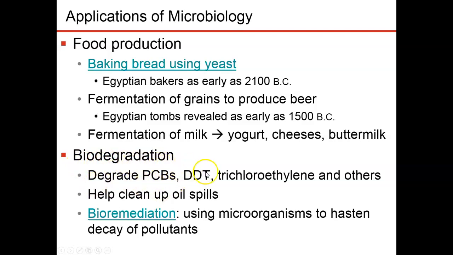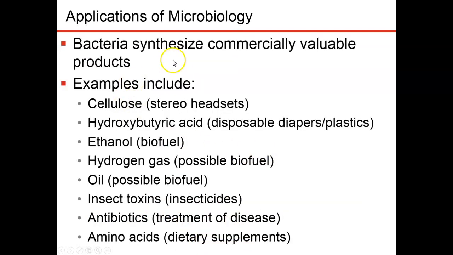So biodegradation, basically we can break down organic materials that are damaging the environment using microbes. Microbes produce commercially important products, including antibiotics, which I always like to point out. We treat disease, bacterial infections, using antibiotics, some that come from bacteria. How crazy is that, right?